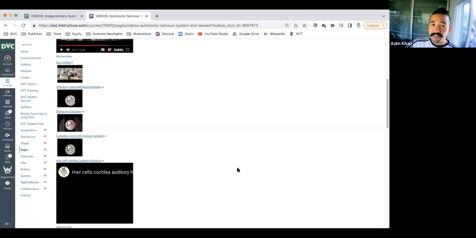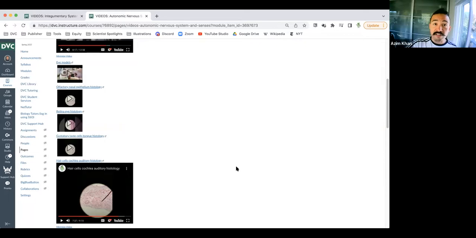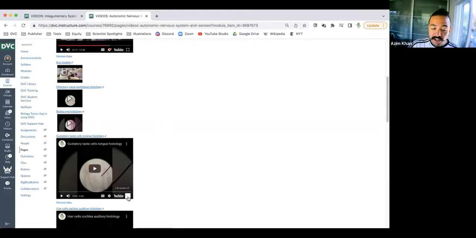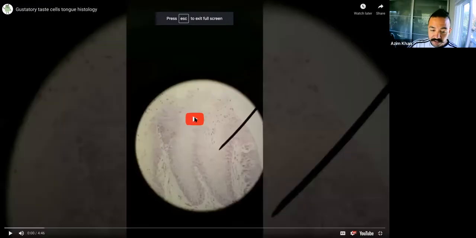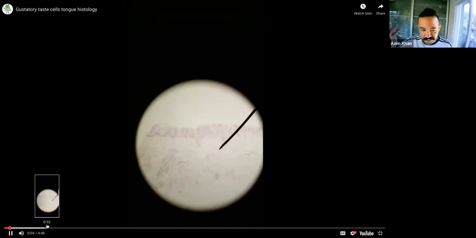Let's compare this to other receptors. Hair cells are specialized receptor cells, neuroepithelium. When we look at gustatory cells of the tongue for taste, these are also specialized cells, not hair cells, they're gustatory cells.